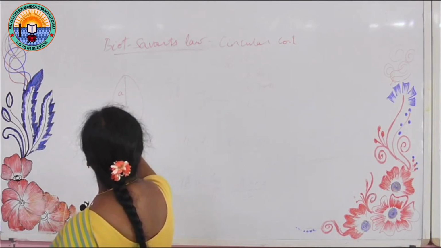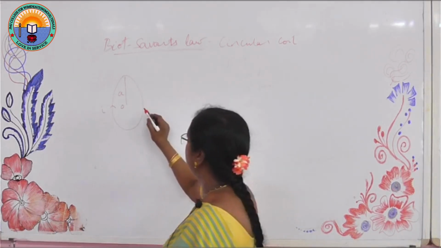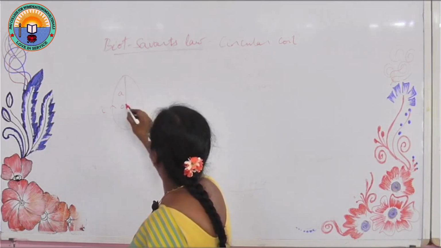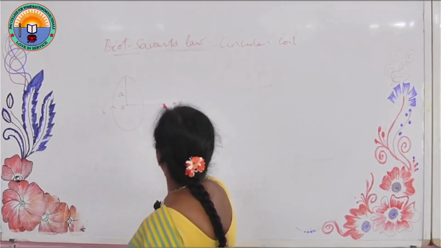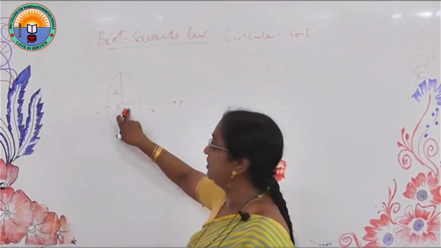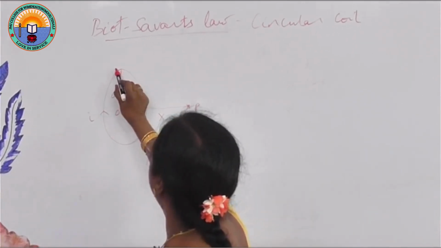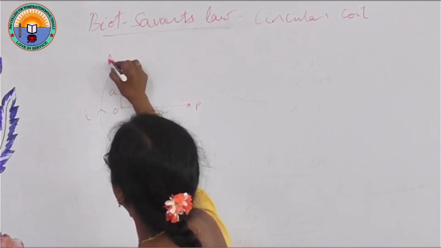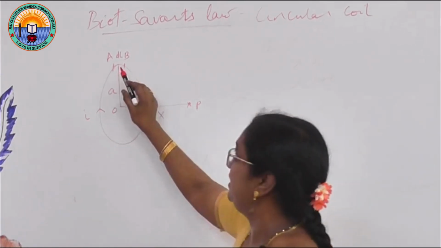Let I be the current passing through the coil. Let P be a point outside the coil at a distance x from center O of the coil. We consider a small element AB of length dl here.